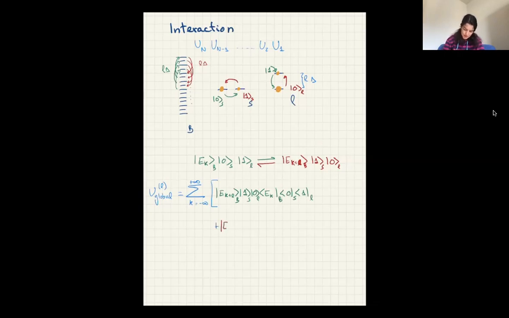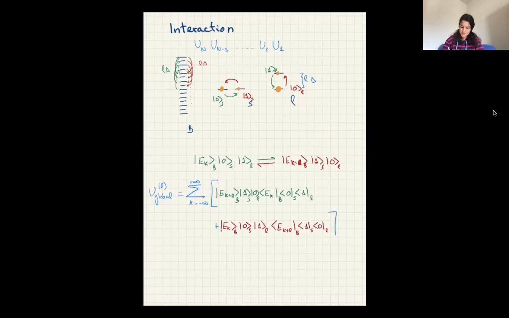That's E_K on the battery, 0 on the system, 1 on L is the final state, and the initial state was E_{K+L}, 1, 0 on battery, S, L.